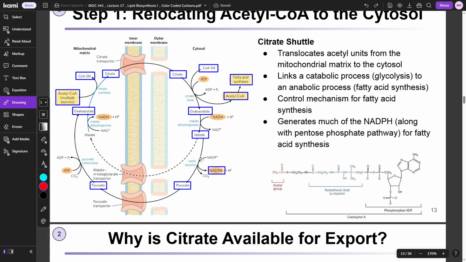We either cleave it and release the CO2 and turn it into pyruvate, or we just shuttle it straight through the malate alpha-ketoglutarate transporter and oxidize it to oxaloacetate. So malate goes straight to here and you oxidize to oxaloacetate, or you can turn it to pyruvate, carboxylate the pyruvate, and then go to oxaloacetate. So a couple different options here.